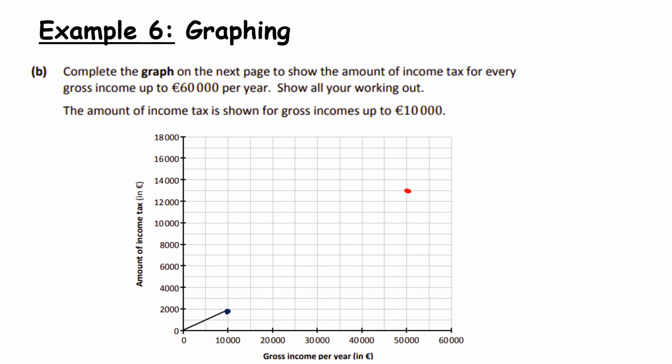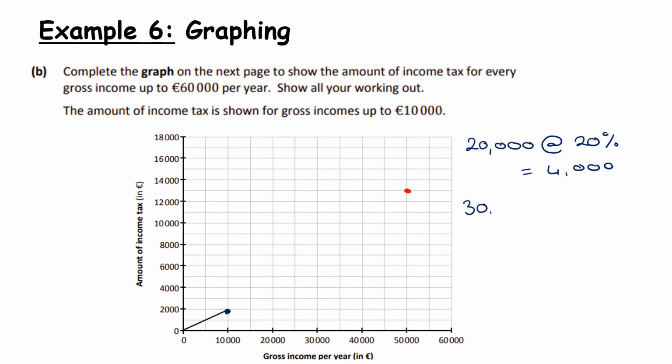So if, and they've given us this one, 10,000 pays 2,000 in tax. Now, 20,000 doesn't go above the band, so we're going to be taxing that at 20%, which gives us 4,000 in income tax. So there's our dot here.